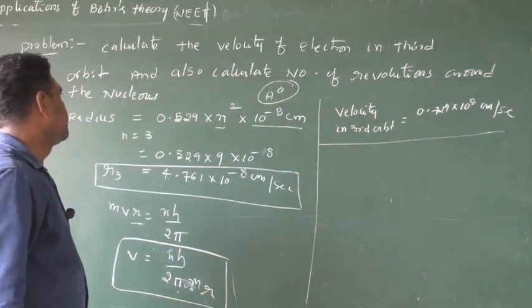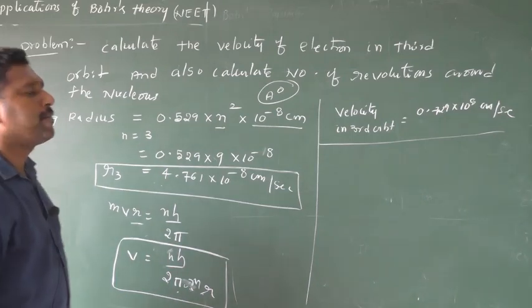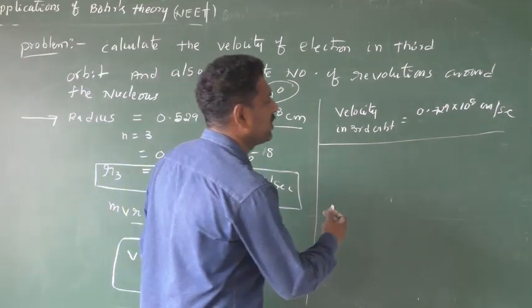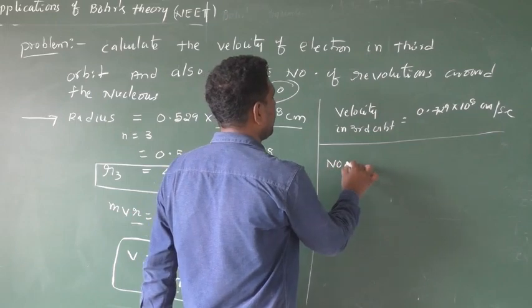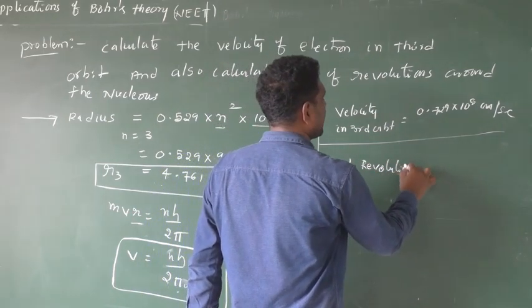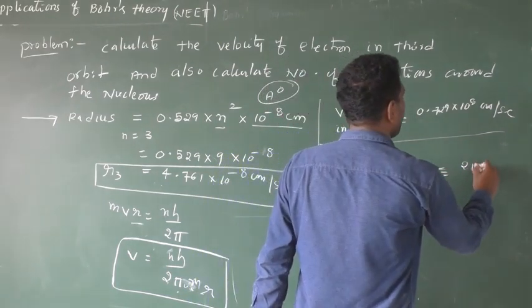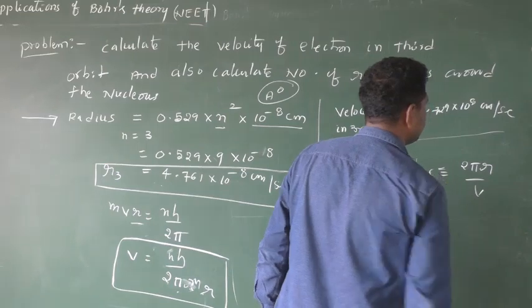After that, number of revolutions per second equal to 2 pi r by v.